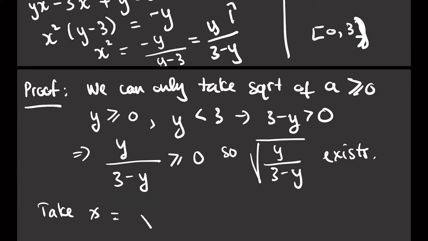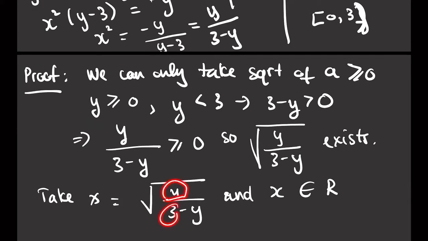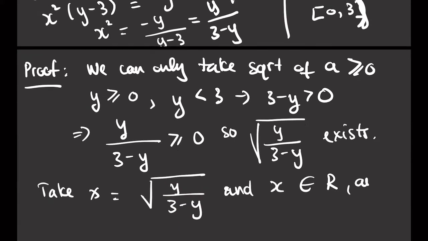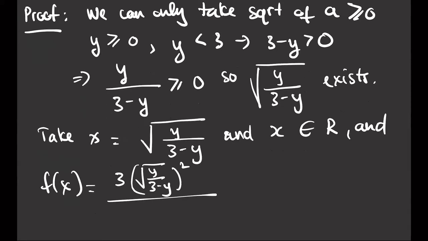Take x equals the square root of y over 3 minus y. And x is a real number, obviously, because every number here is a real number, and when you divide a real number by a real number, you have another real number. And f of x would be 3 times the square root of y over 3 minus y, squared, divided by the square root of y over 3 minus y, squared, plus 1.